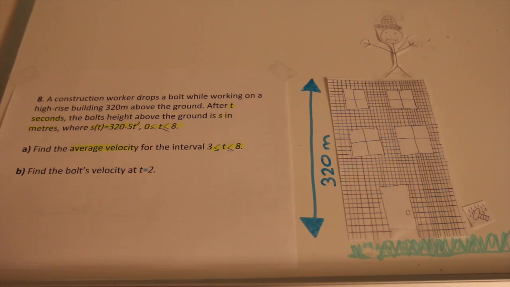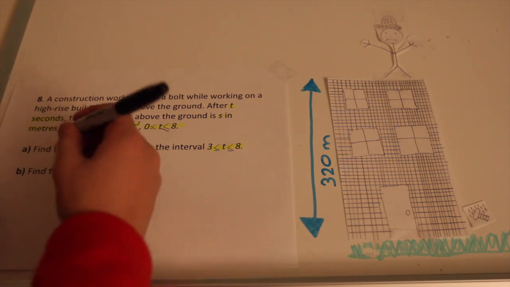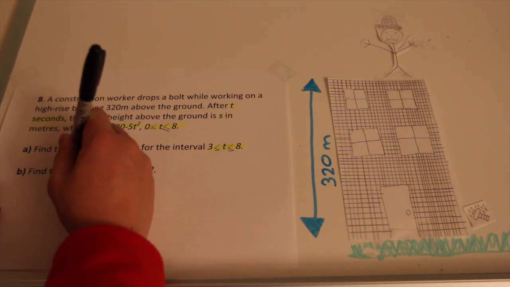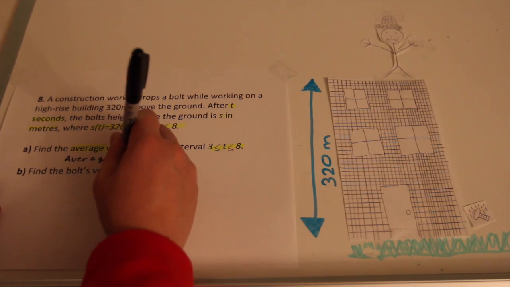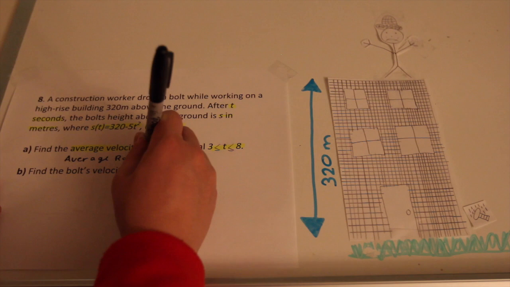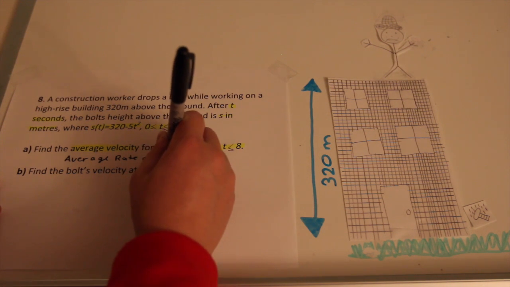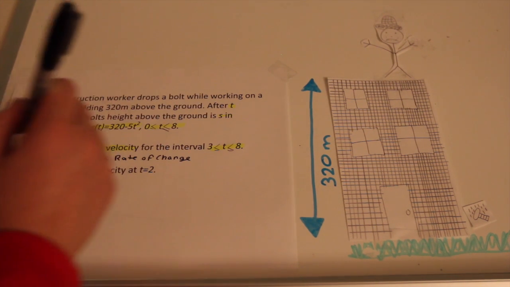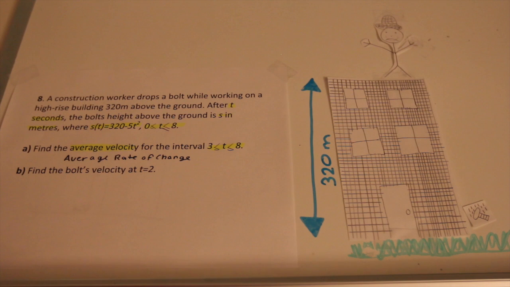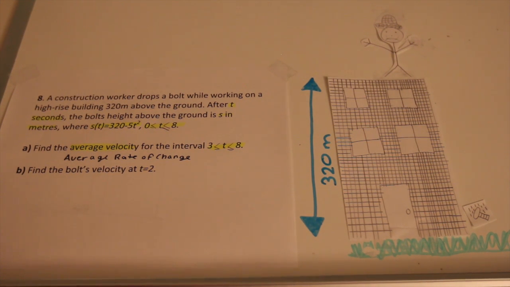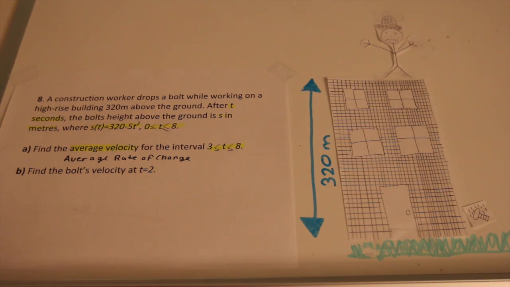The interval from 3 to 8 lets us know that we have to find the average rate of change, because it's not at a single point. It also means that we have to find slope.